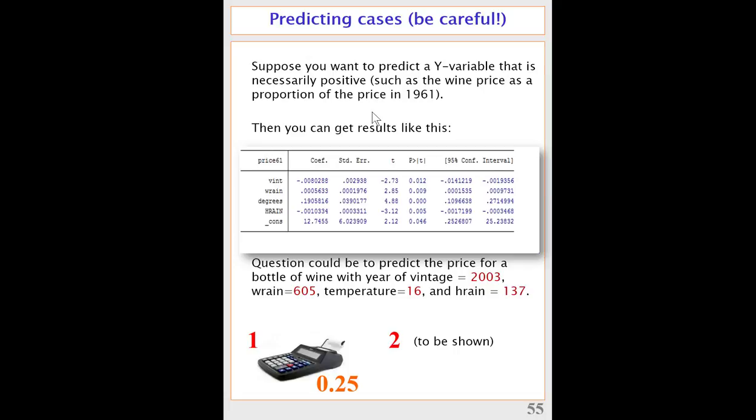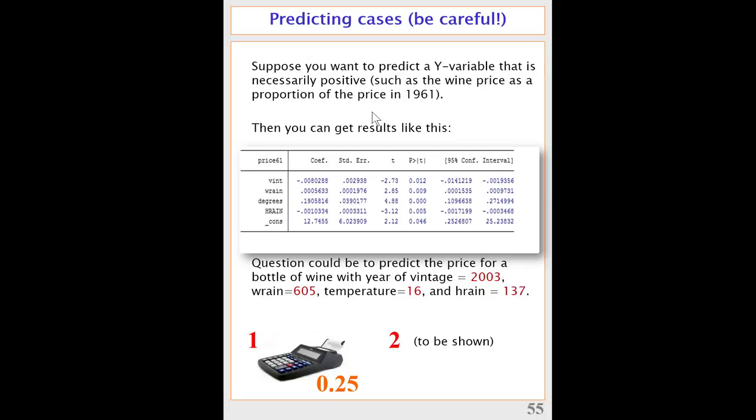So that means that by definition, I'm going to get a number that is above 0, because I'm dividing by that price. Here we see a regression result, and we see that price is being predicted by vintage, the year the wine actually has in the market, with rain, breeze, and more rain, and some coefficients.